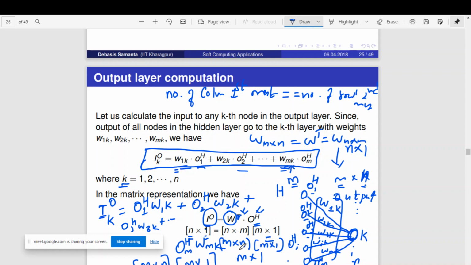No, because the columns and rows do not match, so we want to make them equal. For making it equal, we take the transpose. If you take W transpose, then this will become n cross m. So that's the reason for this transpose.